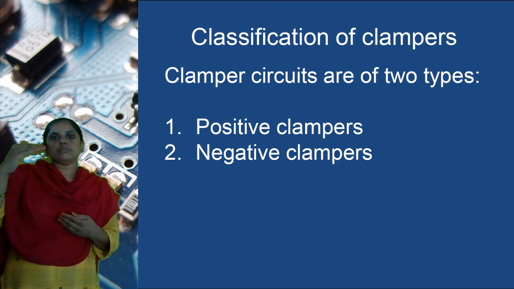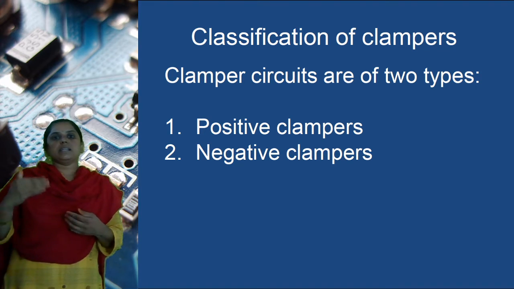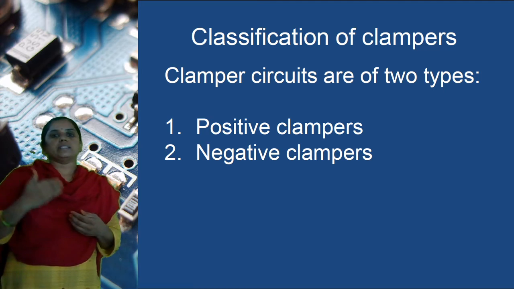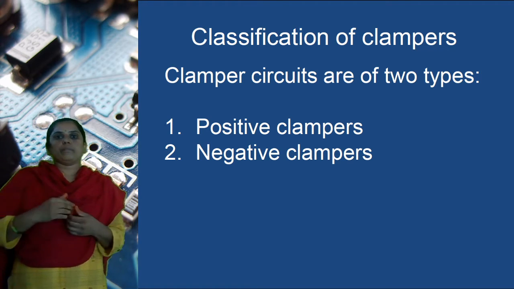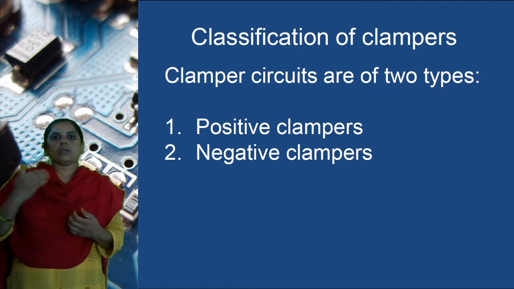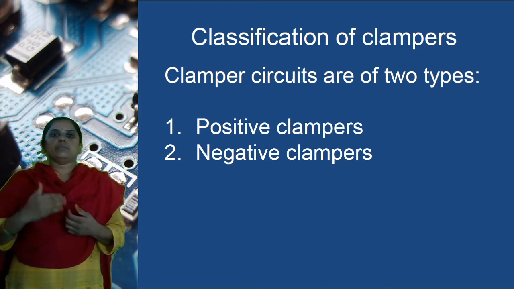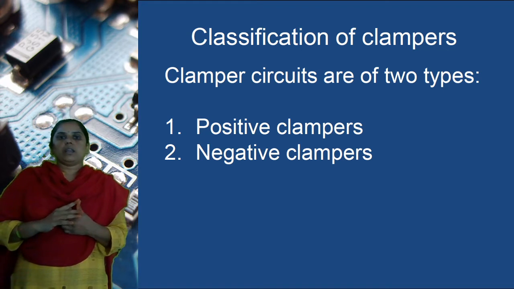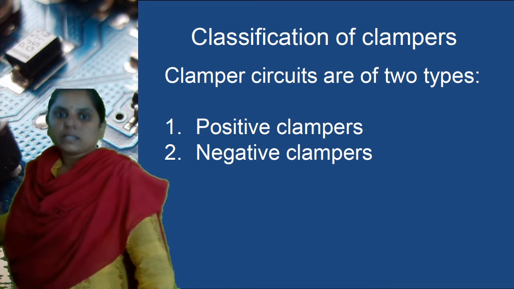When the input signal is completely moved downwards, the circuit is called a negative clamper circuit. Now we discuss the positive and negative clamper circuits, and how the signal is moved to the positive and negative side.